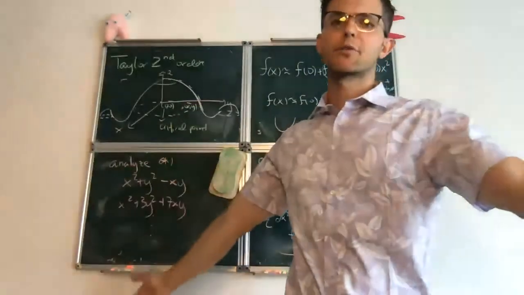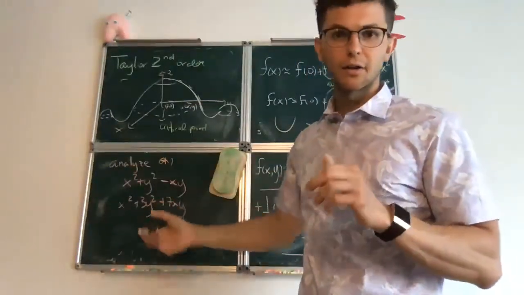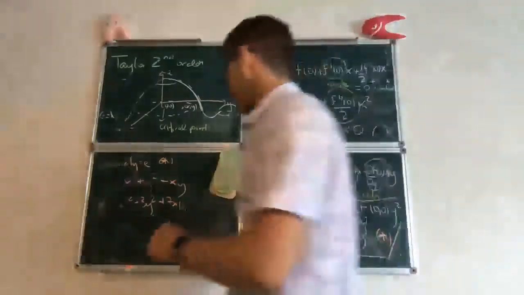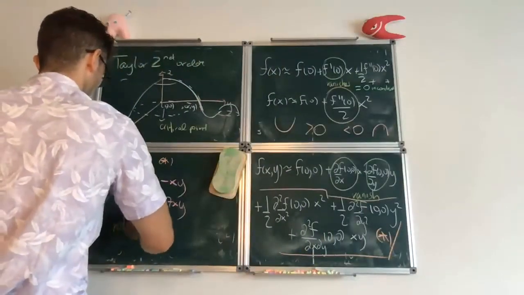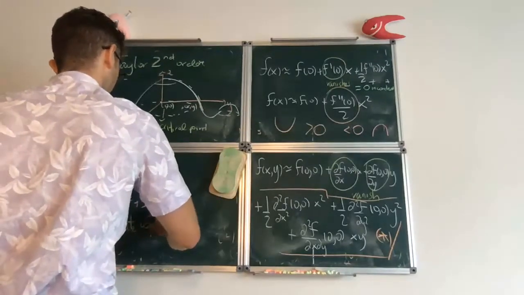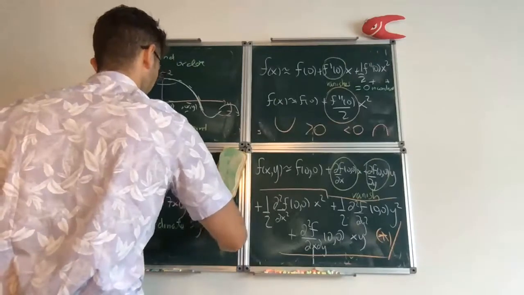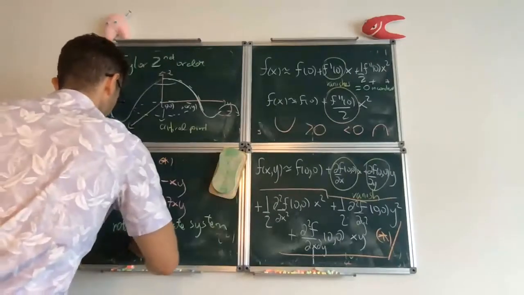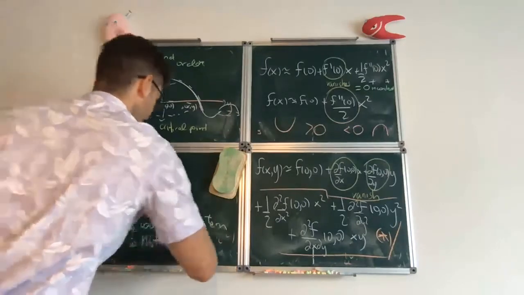You can rotate your coordinate system in such a way that these mixed terms go away. So the goal is to rotate so that xy is not present.